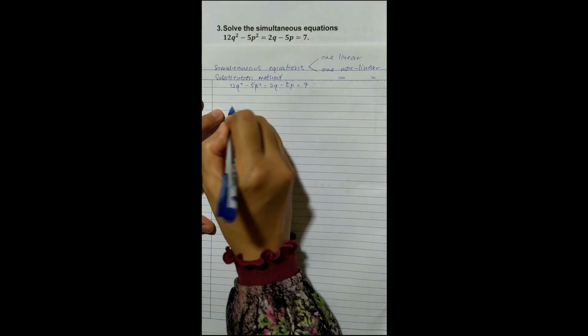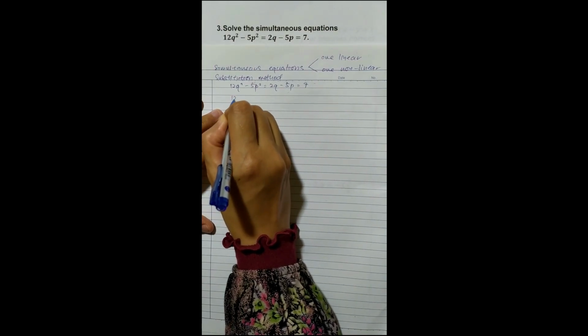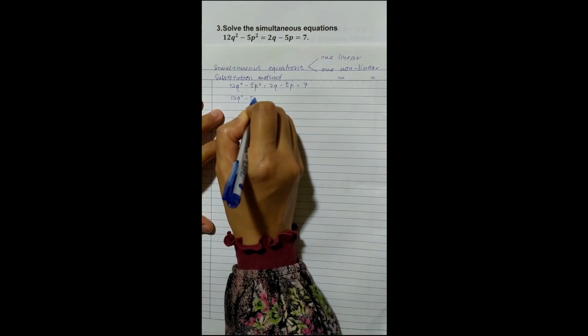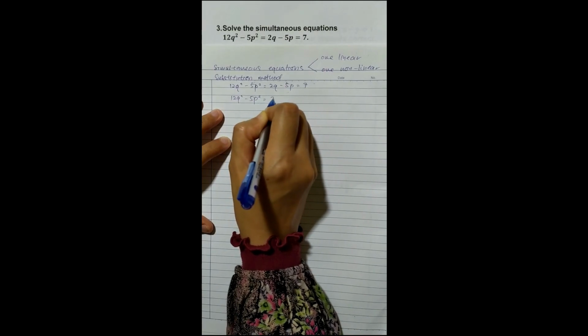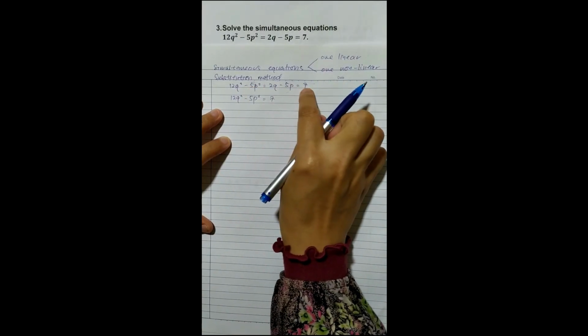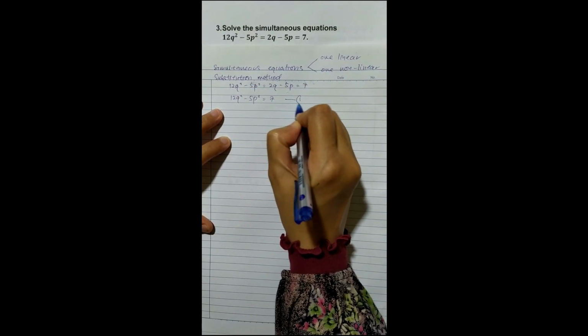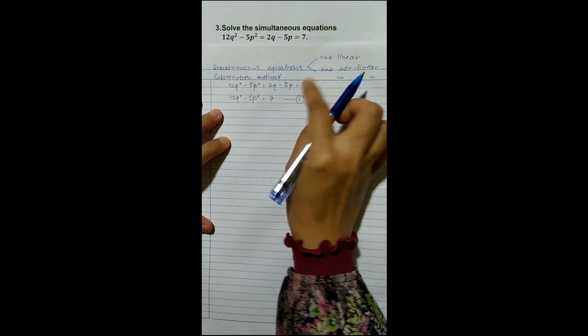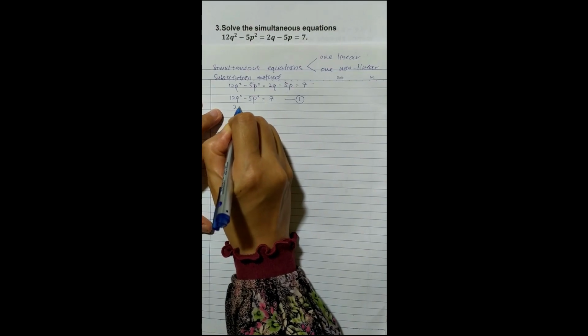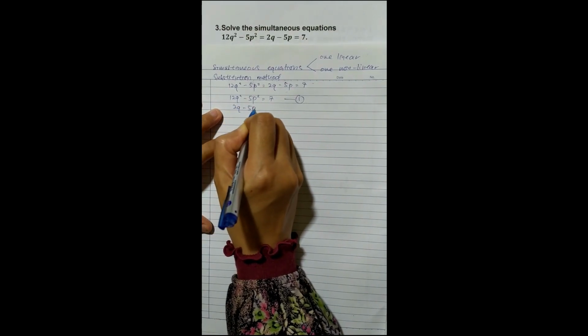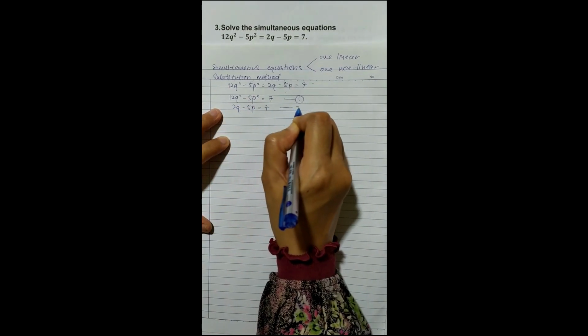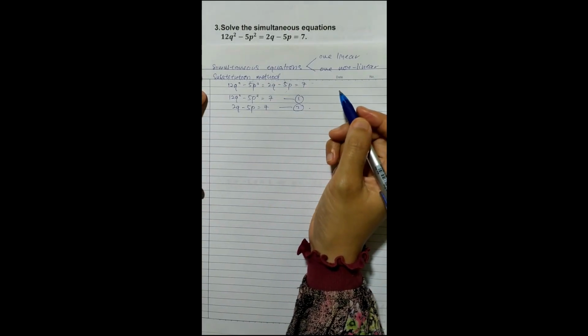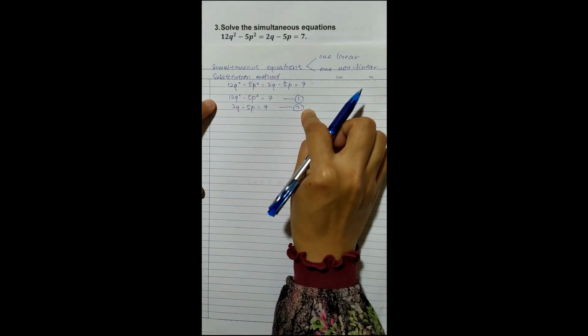The first one: 12q squared minus 5p squared equals 7. This is equation number 1. Another one, the linear equation: 2q minus 5p equals 7. So you have to start from the linear equation.